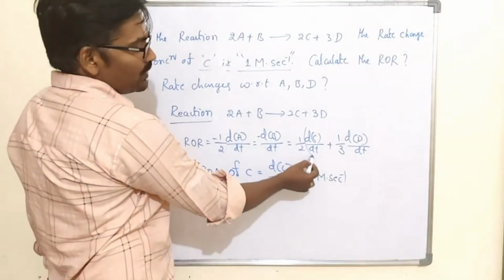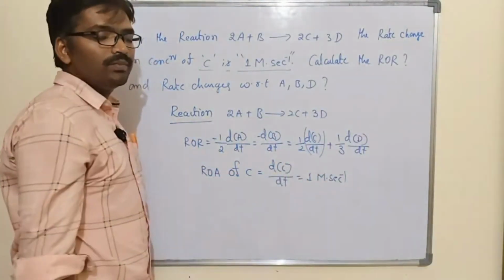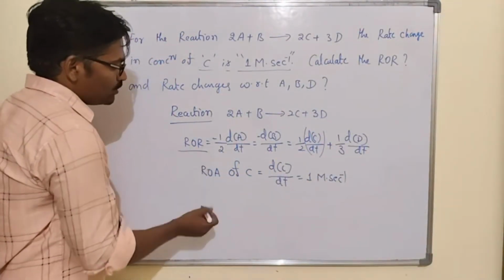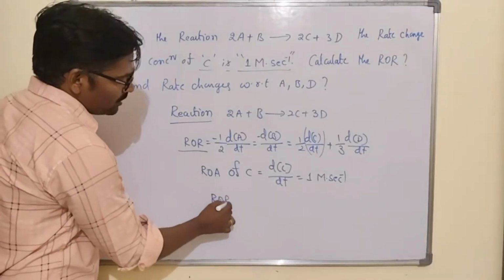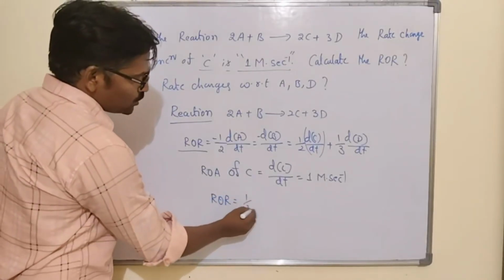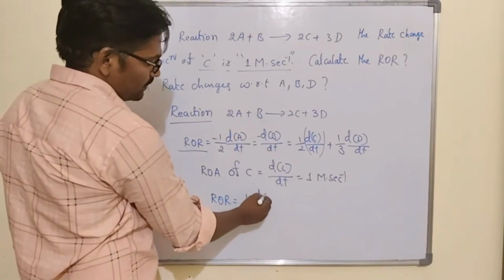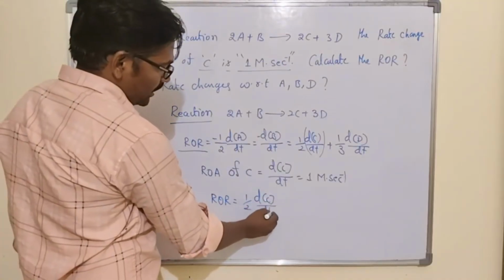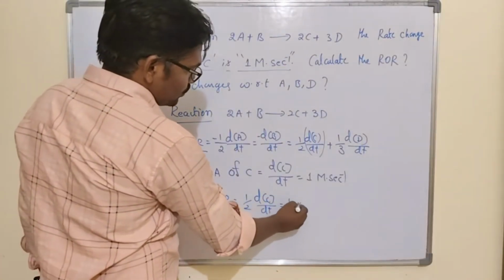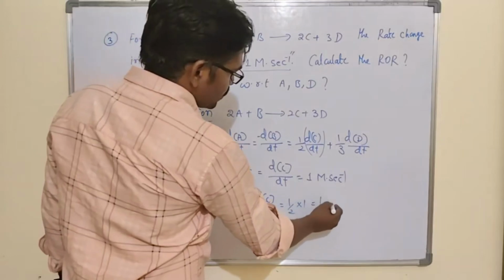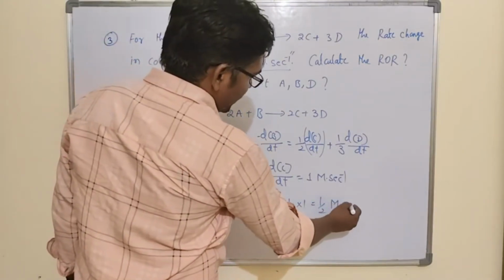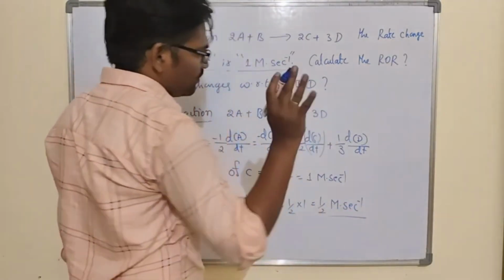So only this value is mentioned. To find the rate of reaction, it equals 1 by 2 into d[C]/dt. So 1 by 2 into 1 you get 1 by 2 only. So 1 by 2 molarity second inverse is the rate of reaction.